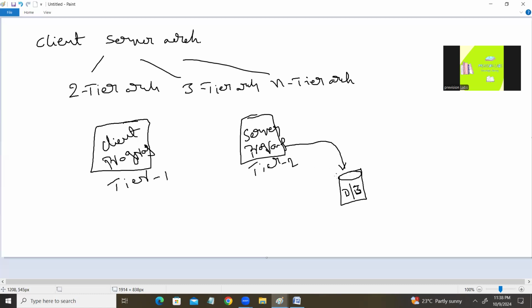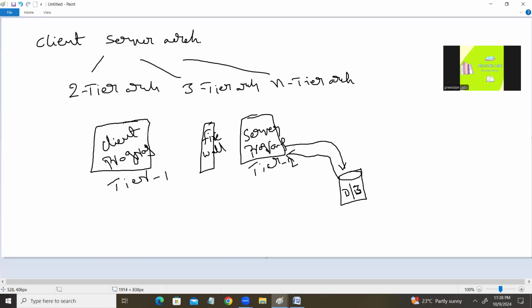So the three-tier architecture contains client-side programs, server-side programs, and also database software. And what about the n-tier architecture? Along with the client-side programs, server-side programs and DB, one more area comes into the picture: firewall programs also. This entire thing we call the n-tier architecture.